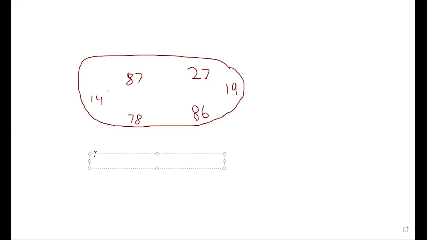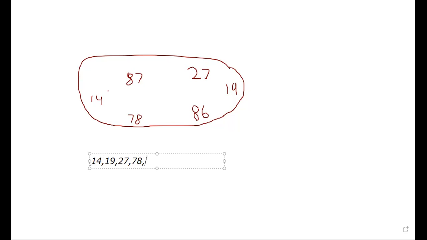So you can see in this oval, which one is the smallest? We can clearly see that 14 is the smallest one. So first I'm going to write the answer, 14. The second one is 19. And after 19, 27 is the next biggest. And after 27, 78.